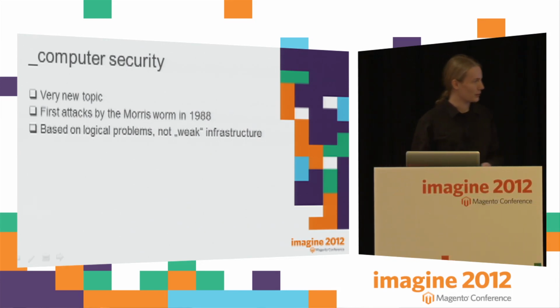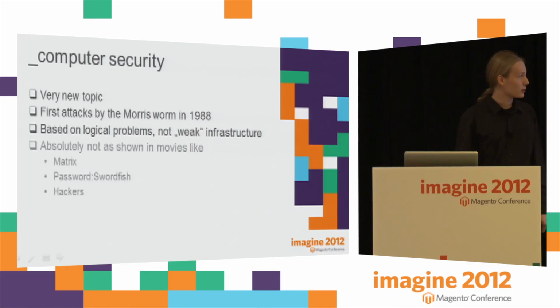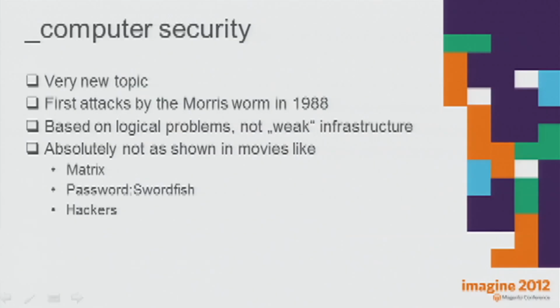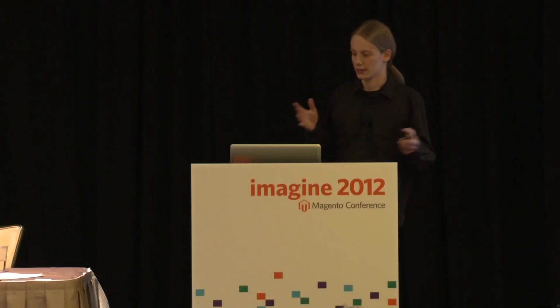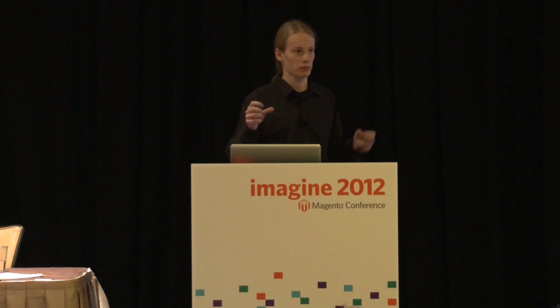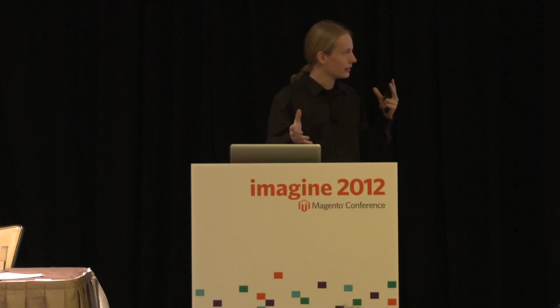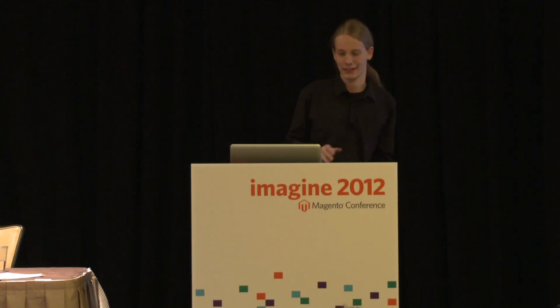You know what I mean. And it's absolutely not as shown in movies like Matrix, Password: Swordfish, or Hackers, where they are always blinking consoles and a lot of weird and fast hacks. It's totally different.